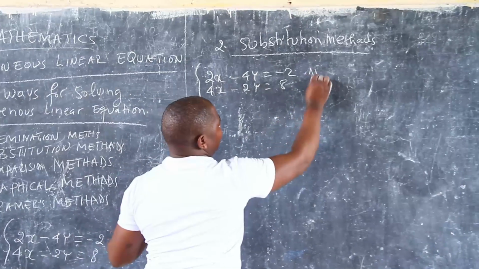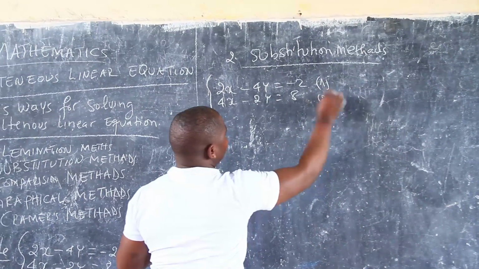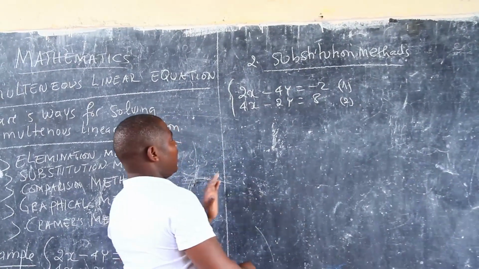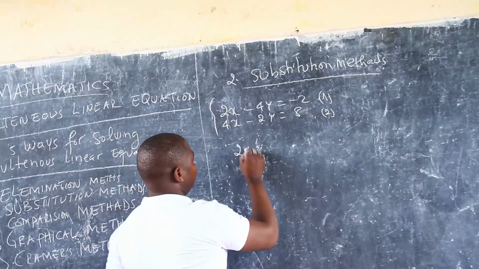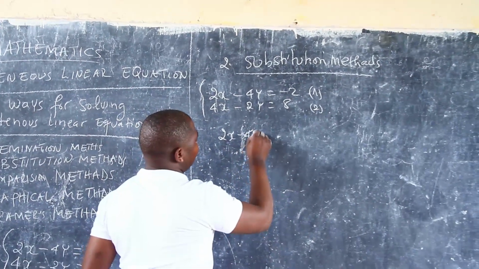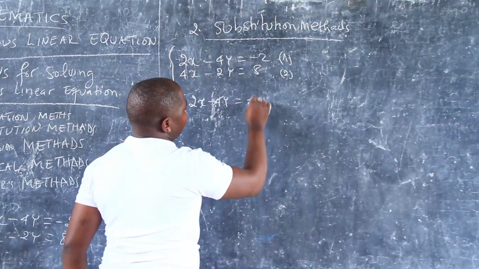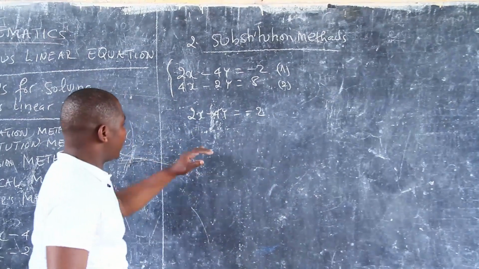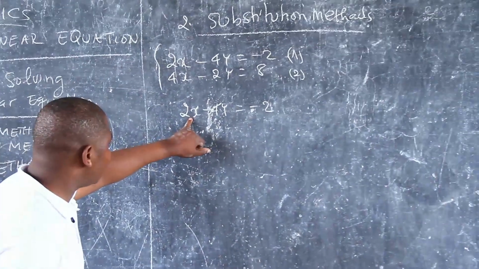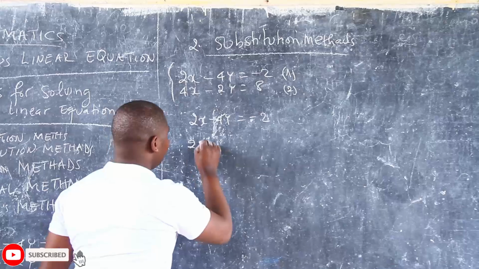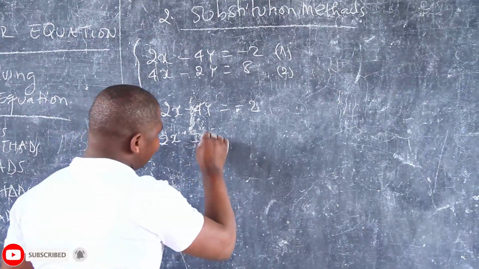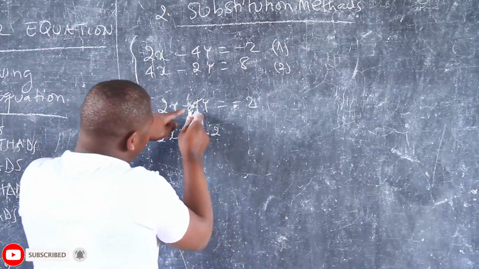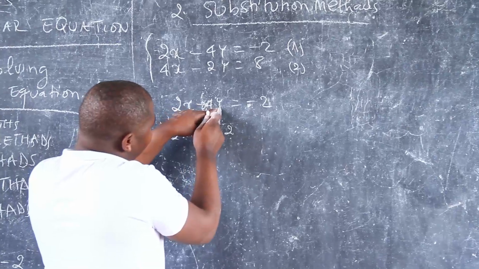Let us take equation number 1 and equation number 2. I have 2x minus 4y equal to negative 2. How can I find the value of x? 2x will be equal to negative 2. Here I have negative 4y.